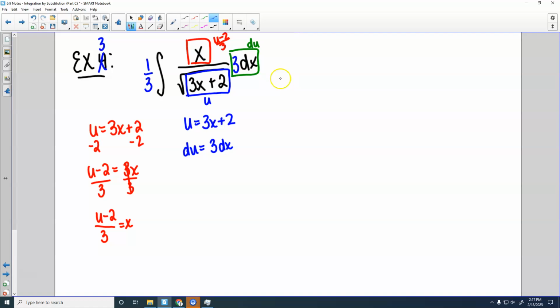Alright, now this is going to make kind of a mess whenever we do this. We got 1/3. In the numerator, we got u minus 2 divided by 3. In the denominator, we've got the square root of u. And then we've got our du over here.